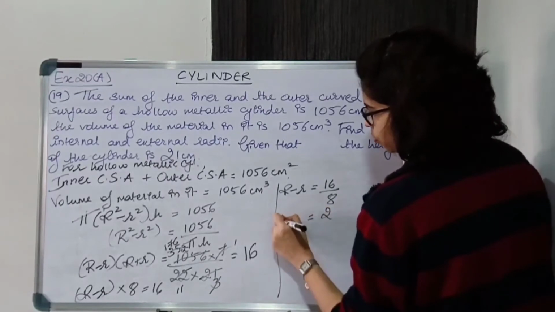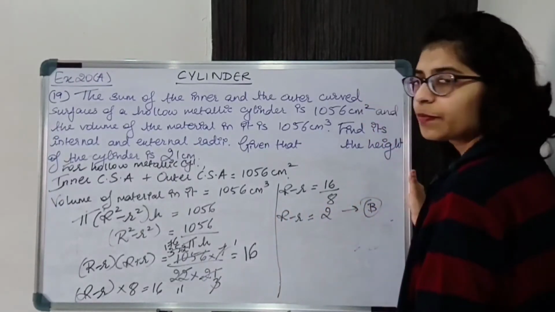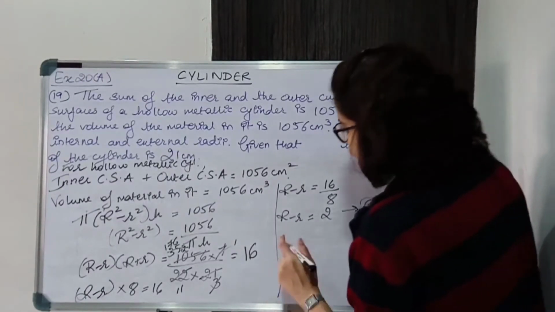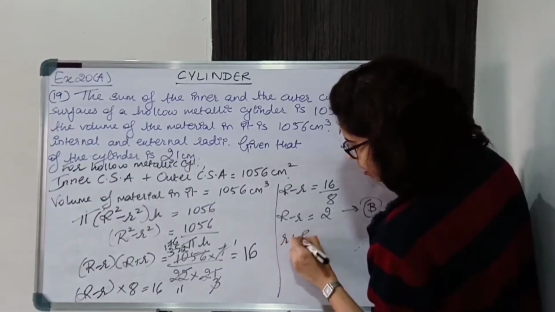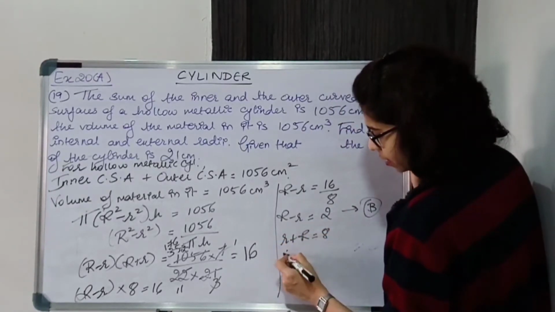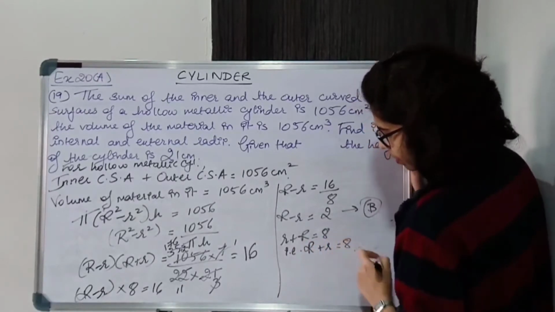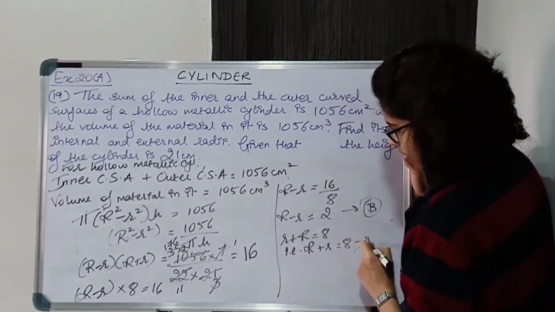That is equal to 2. Mark this as equation B. I have R plus r equal to 8. I'll just rearrange them. That is R plus r is equal to 8. Okay. This is A.